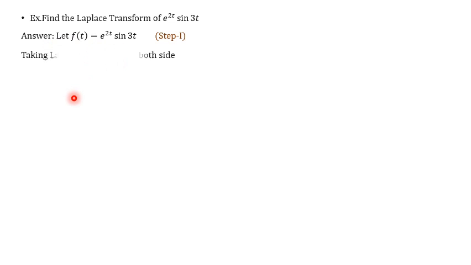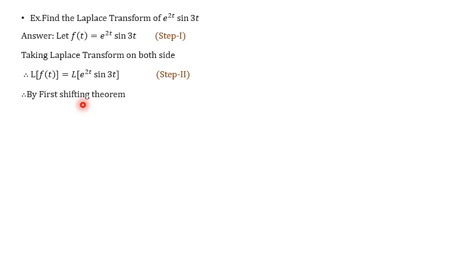So we get the Laplace transformation of f(t) equals the Laplace transformation of e^(2t) times sin 3t. Then by first shifting theorem, because sin 3t is multiplied by the exponential function, we have to use here first shifting theorem.